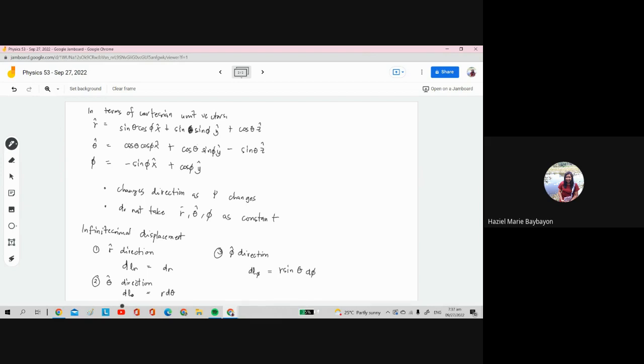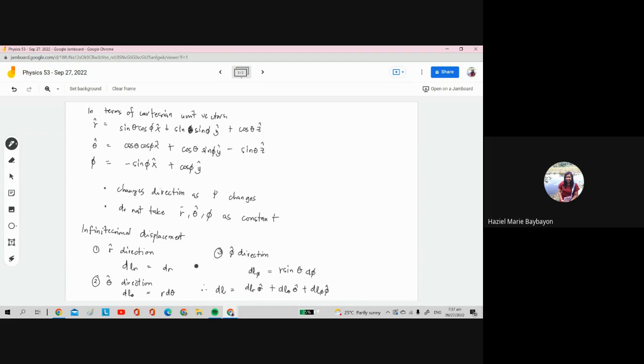Okay, therefore, your infinitesimal displacement dl is equal to dlr r hat plus dl theta theta hat plus dl phi phi hat.